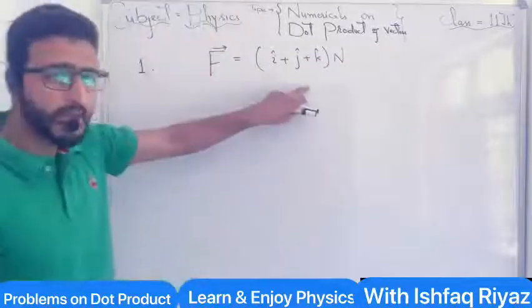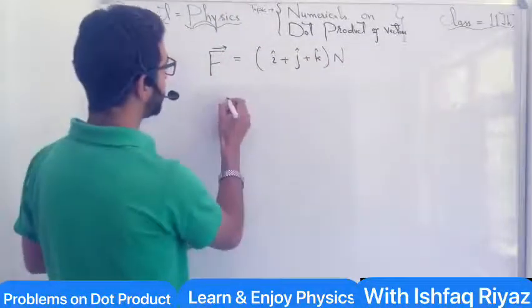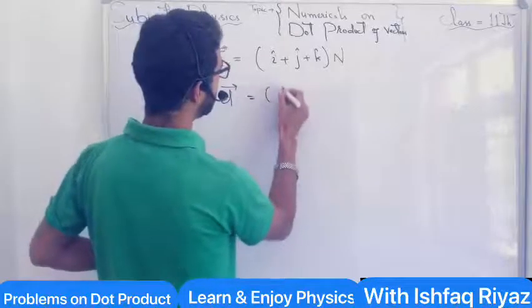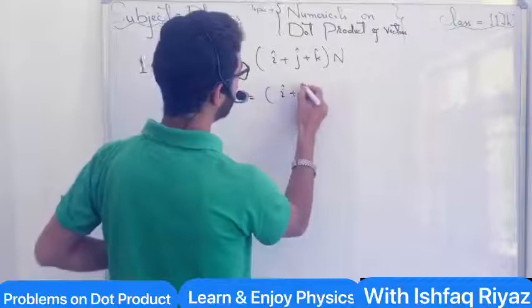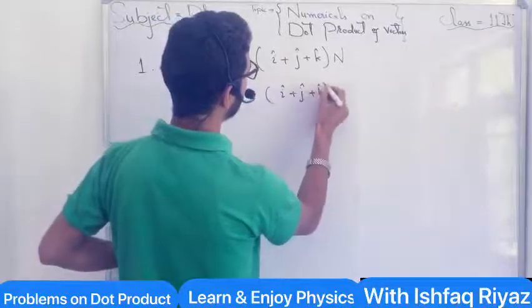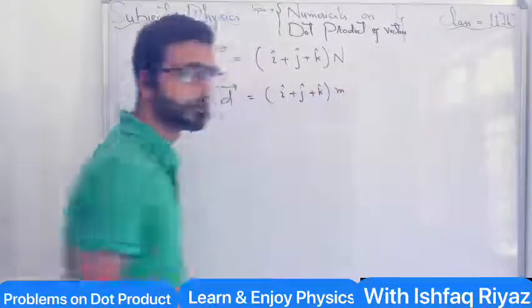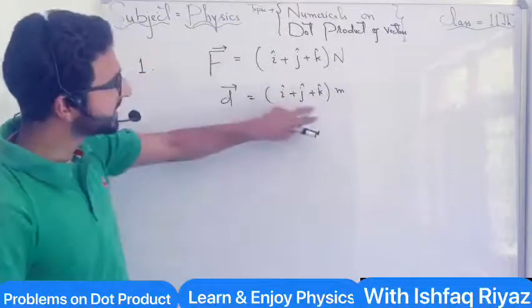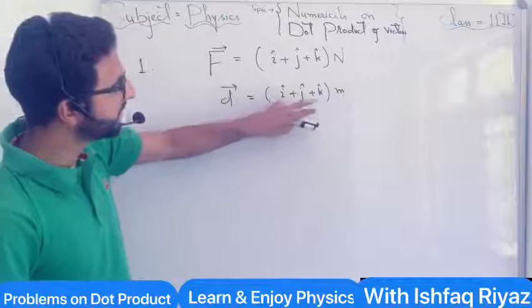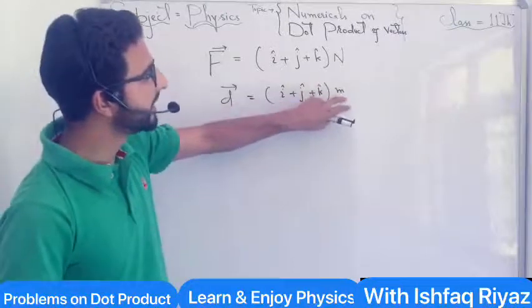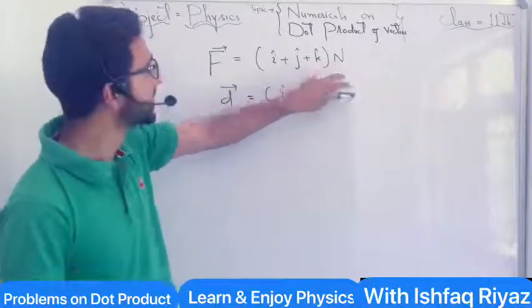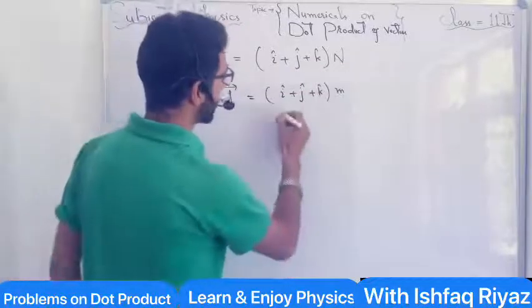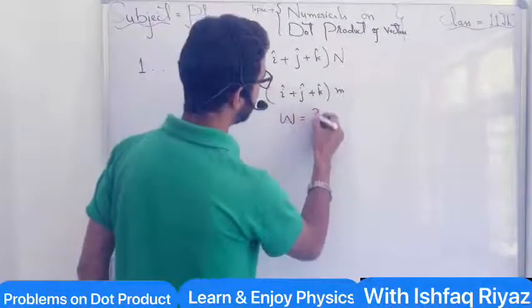The force F produces a displacement of I plus J plus K, where the displacement is in meters. We have to calculate the work done by this force.